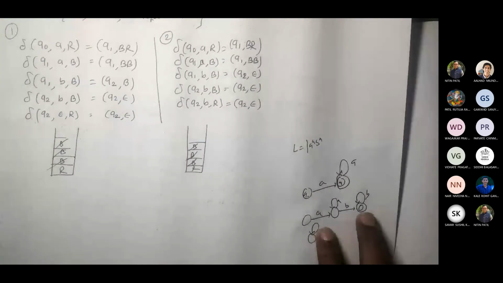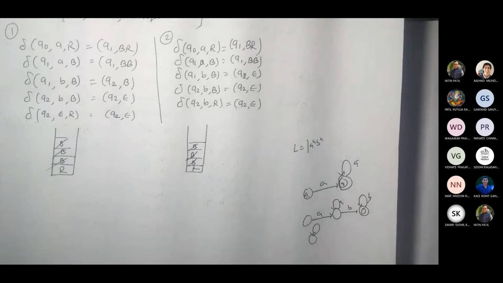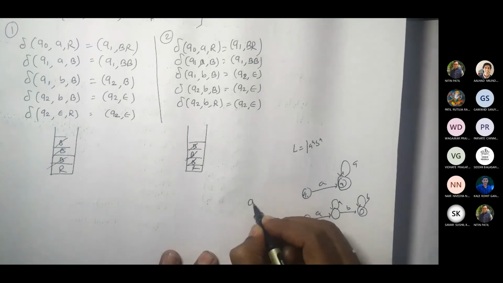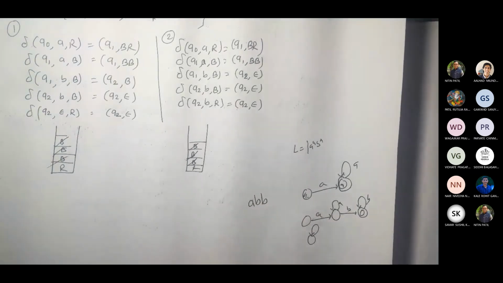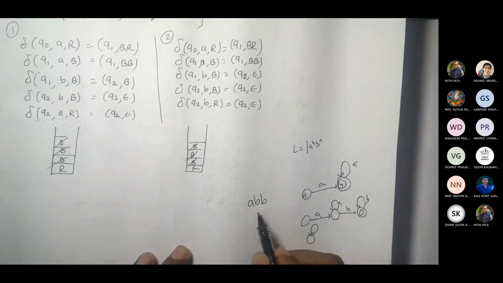Now, if you see this, that's what I was trying to tell. Whenever you have a raised to n, b raised to n. Let me tell you, for CFGs, there are very few CFGs for which you can get a finite automaton. For example, can I say that ABB is a string which can be generated using a grammar? How can it be generated?